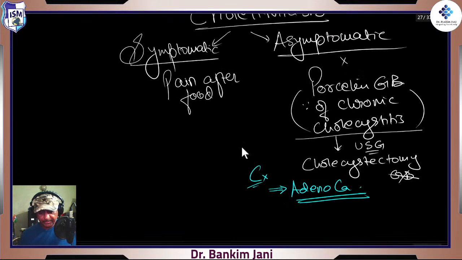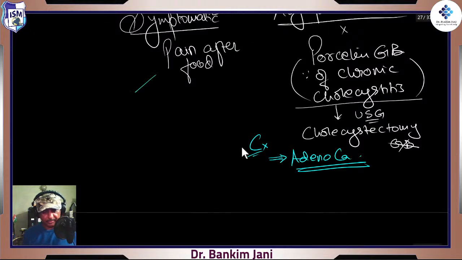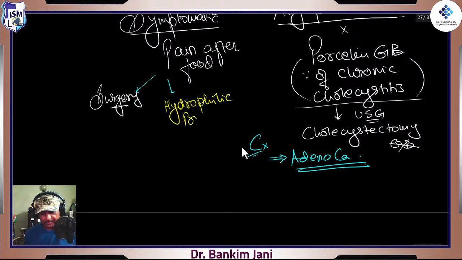How will you really treat it? Well, there are only two things. One, you go for the surgery and remove it. And if the patient says, no, no, no, I don't want to go for surgery, right? So in that case, you have to give him those hydrophilic bile acids. And these bile acids will do just the reverse of it.